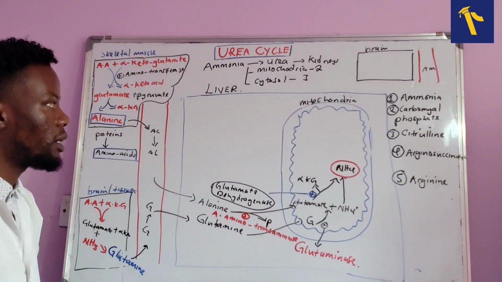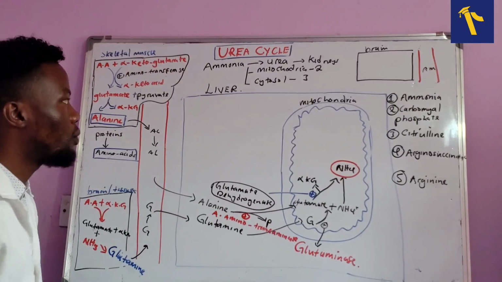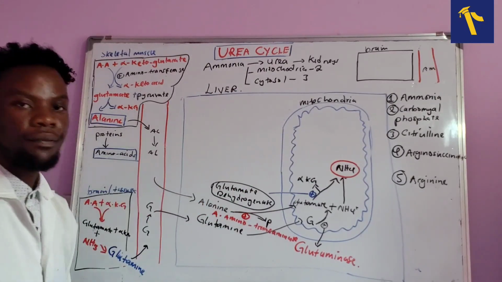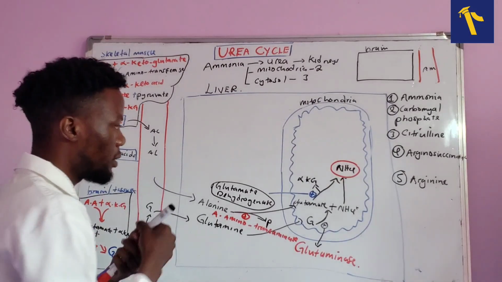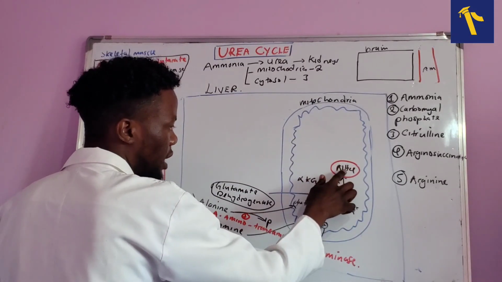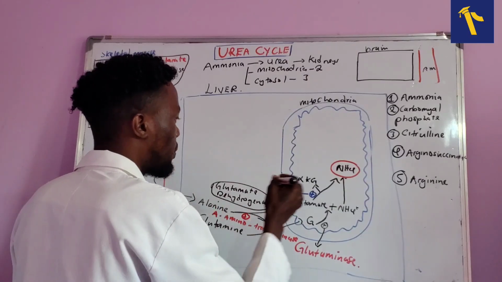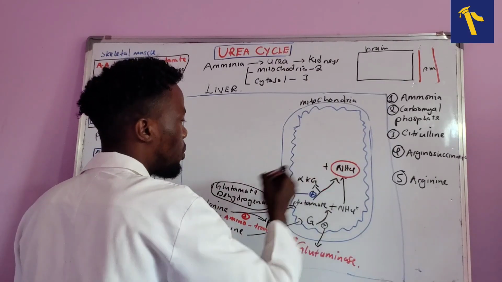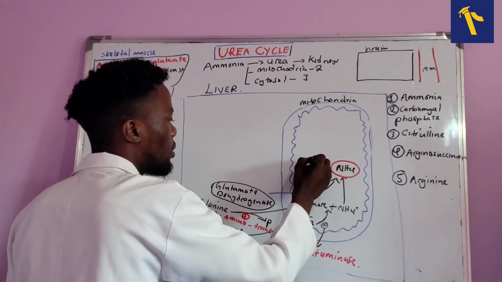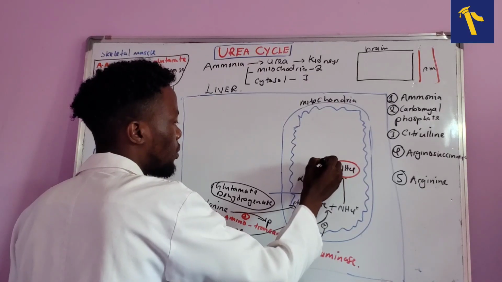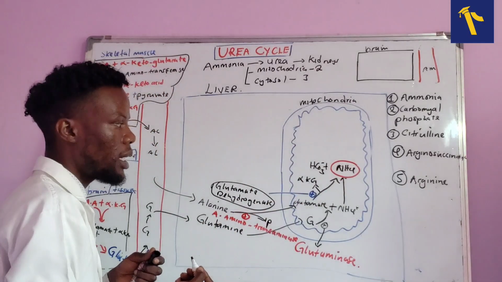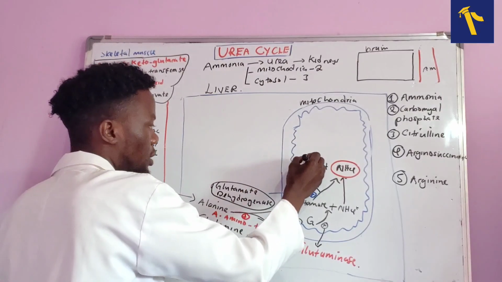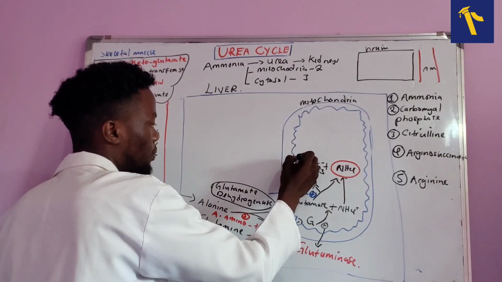So now let us start with the first 2 processes that happen in the mitochondria. This ammonium that has been produced will combine with bicarbonate and with ATP.